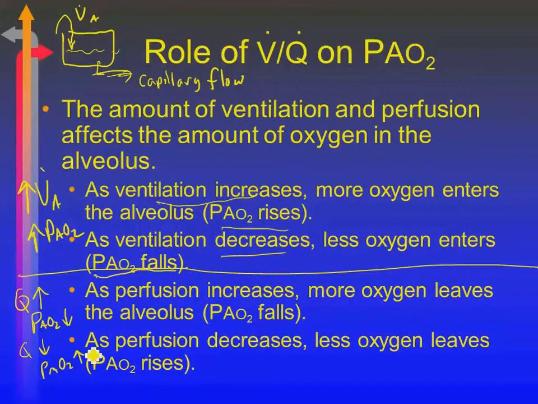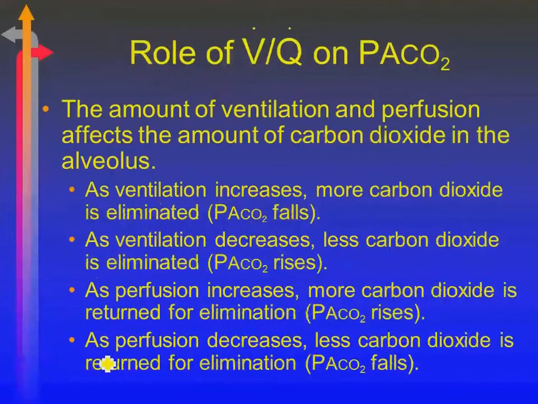Both ventilation and perfusion, the ratio between them, can affect the amount of oxygen that you have in the alveolus able to be diffused across. That's the important concept to bear in mind. And we're going to find that it's exactly the same thing happening on the carbon dioxide side of the equation. And on this one, there is something that I'm going to ask you to know a little bit more about, because it's going to affect us.